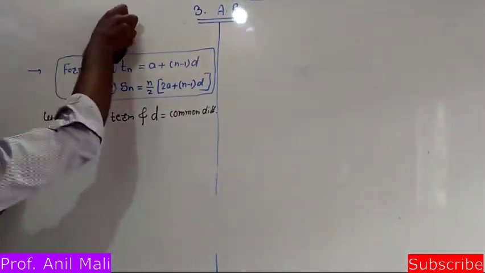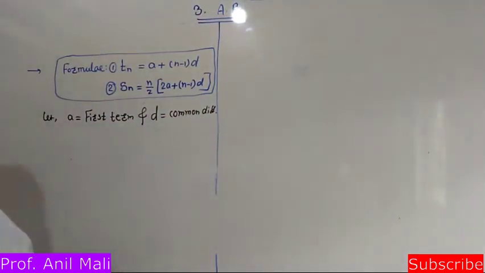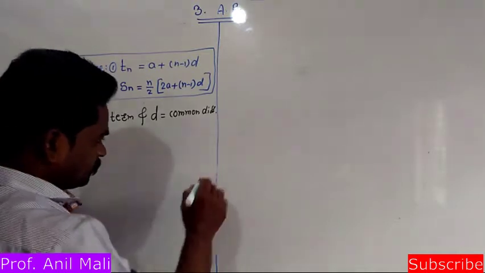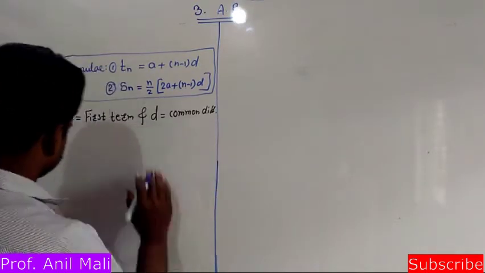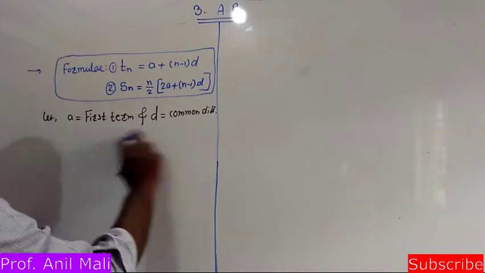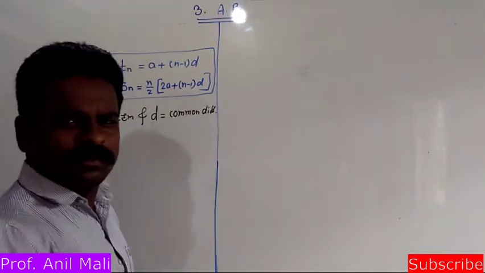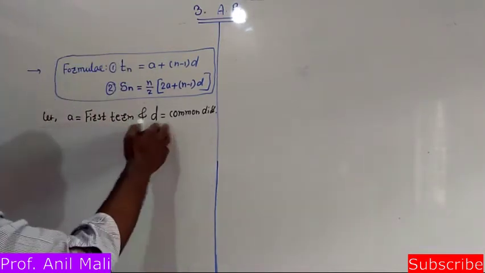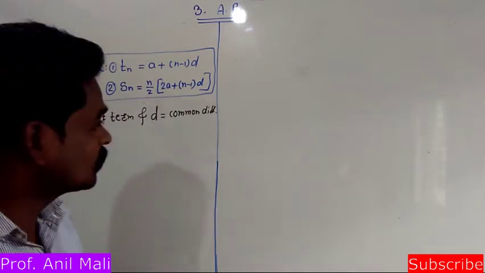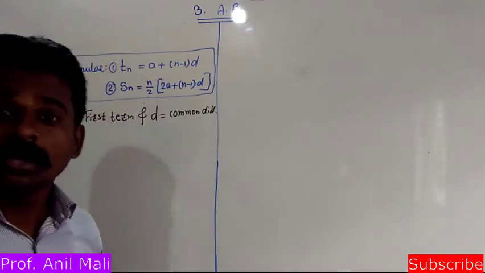No problem. Now see, this you require in all the problems. Let A is equal to first term and D is equal to common difference for the given arithmetic progression, and then you will proceed further with your own steps.